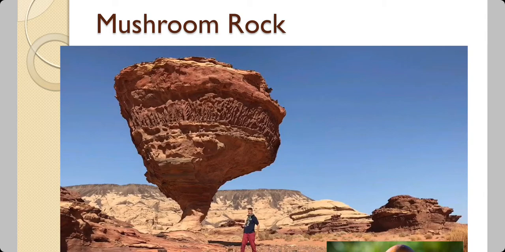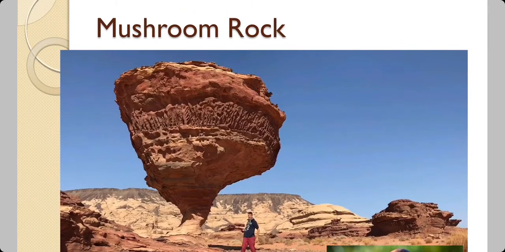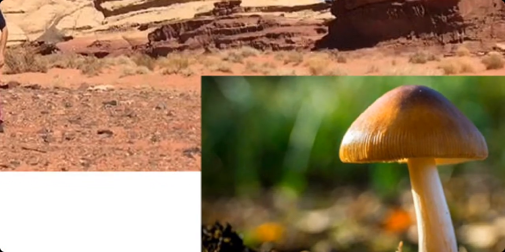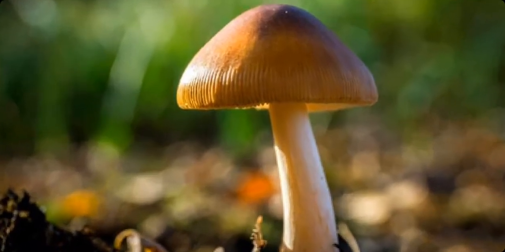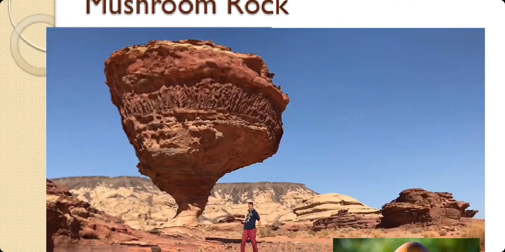And if the temperature is low, if the wind is cold, it will be blowing near the surface and its velocity will be more. That is the reason for the formation of this mushroom rock. Look, I have a picture of a mushroom also. Then you compare this mushroom with this mushroom rock. They look similar.